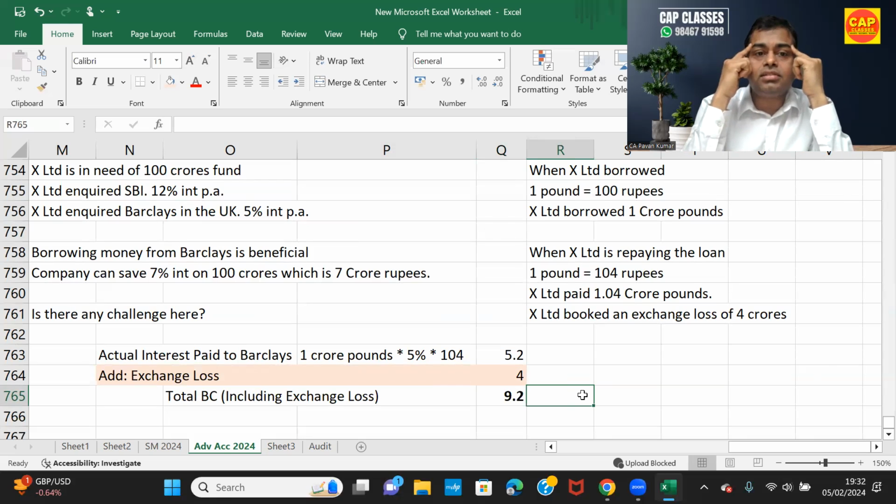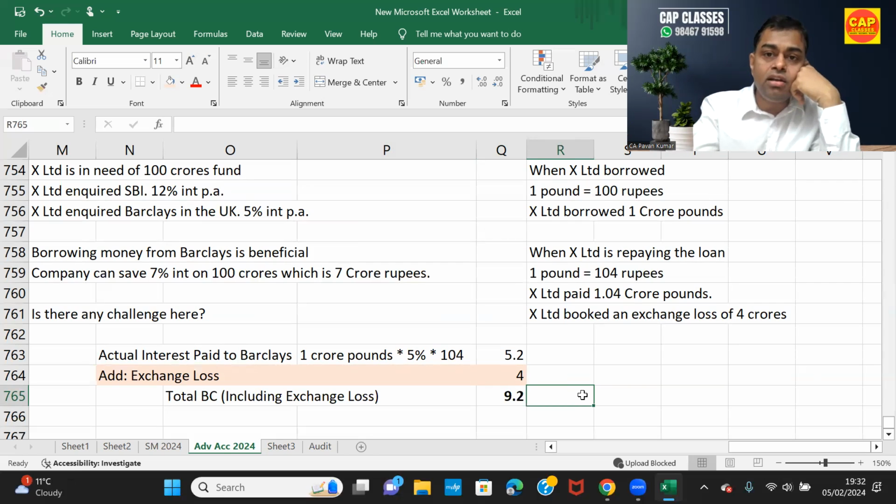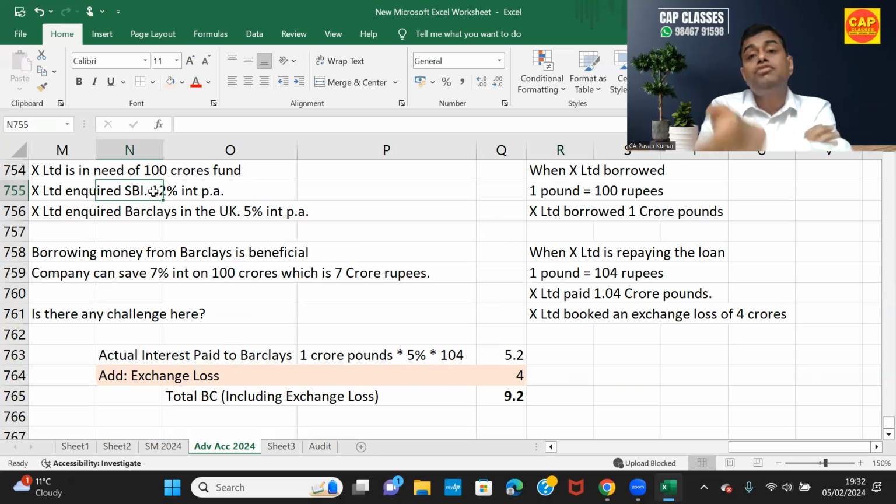ICAI's logic is this. If Pavan borrows the same money from SBI, I would have allowed Pavan to capitalize 12% interest on 100, which is 12 crores. Now, Pavan is asking for 9.2 only, no? Simple logic.